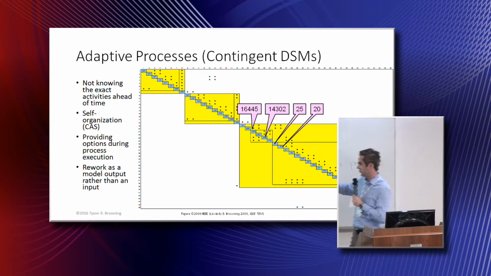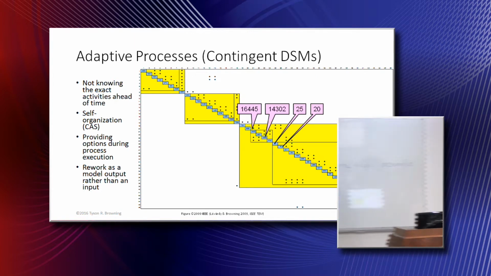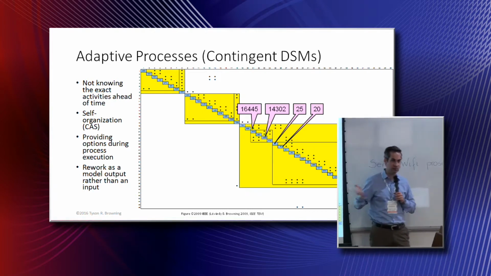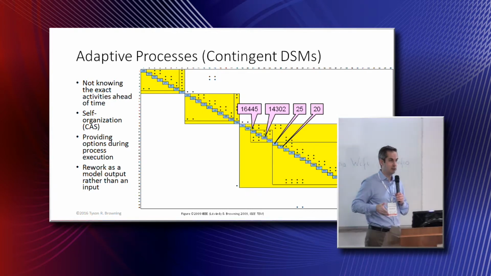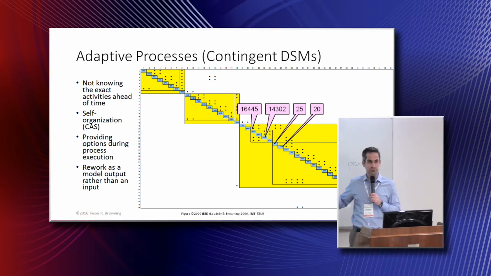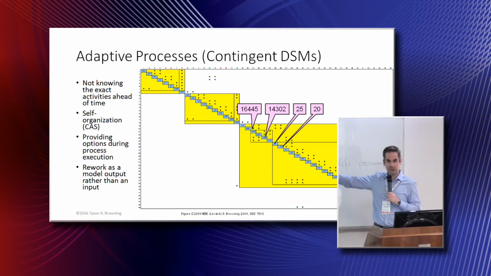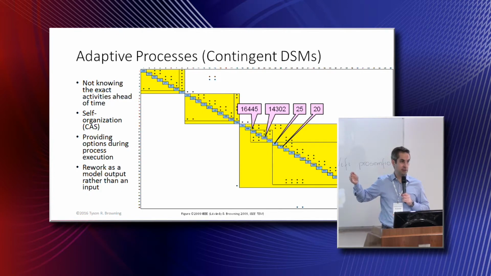Final thing here, we also had numbers off the diagonal, not shown here, for how many times particular paths were chosen, including rework loops. And so interestingly, rather than using probability of rework as an input to this type of model, a lot of DSM simulations have used probability of rework, but the question is, how do you know that probability ahead of time?